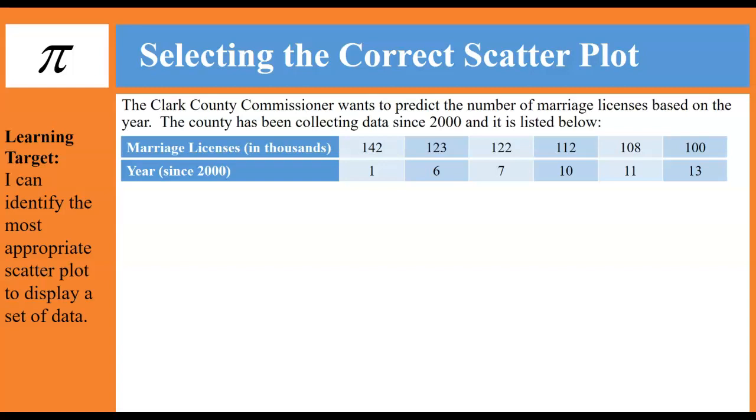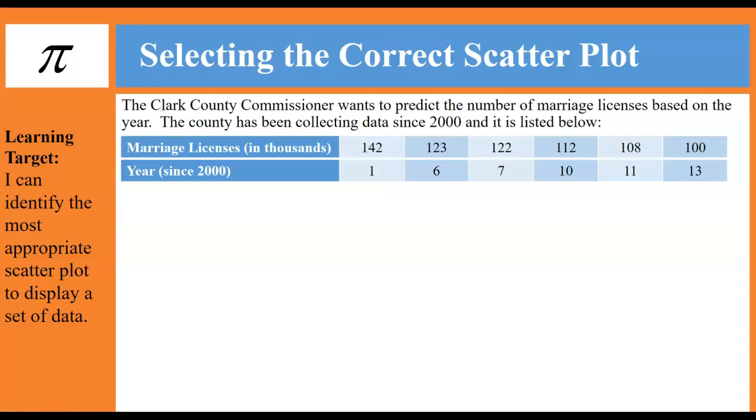And then it gives us some information here. Just because this lesson is trying to teach us which is the response variable and which is the explanatory variable, I'm not going to trust that my top line is the X and my bottom line is the Y. I can't trust that in this lesson.